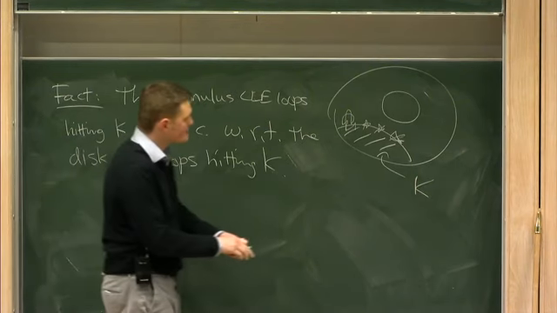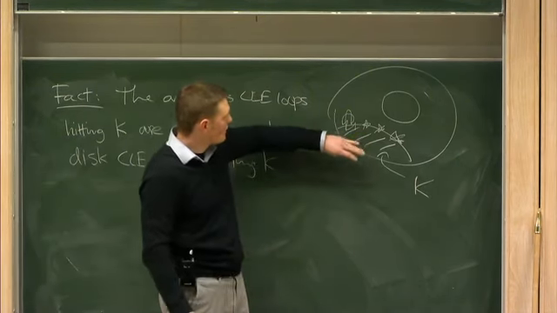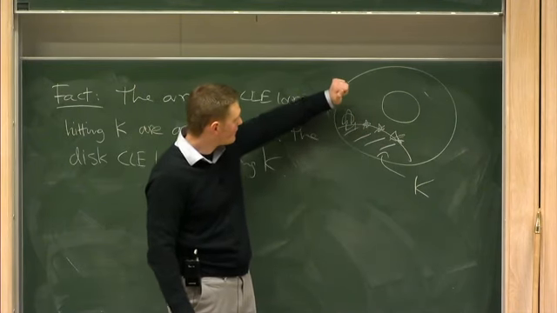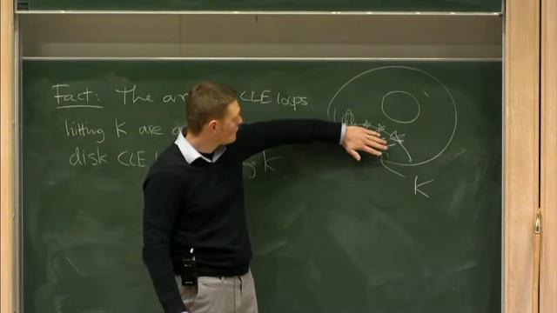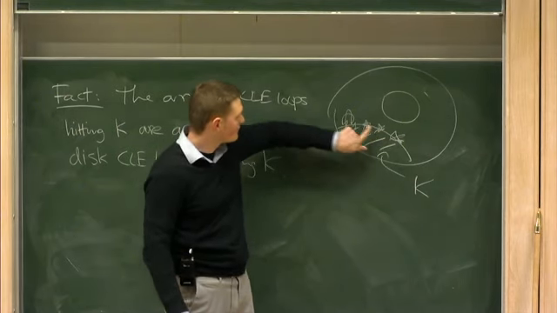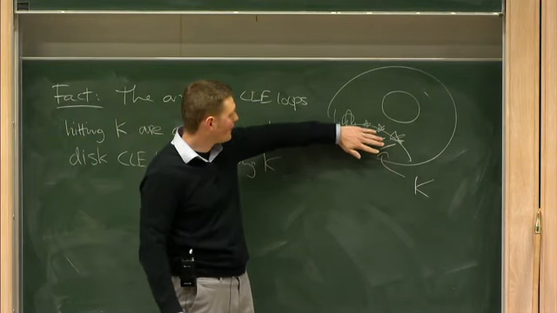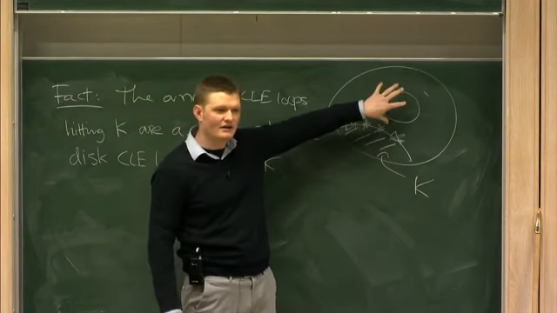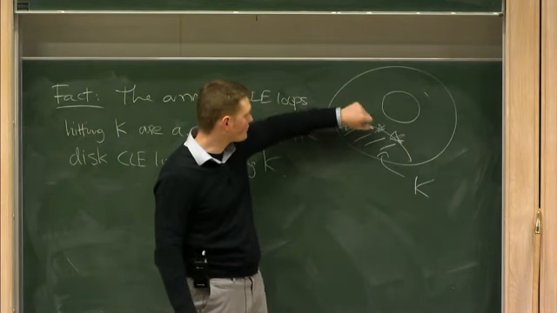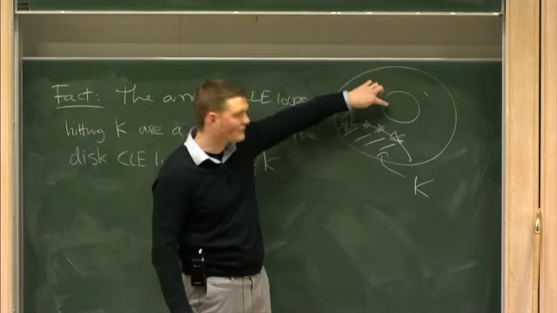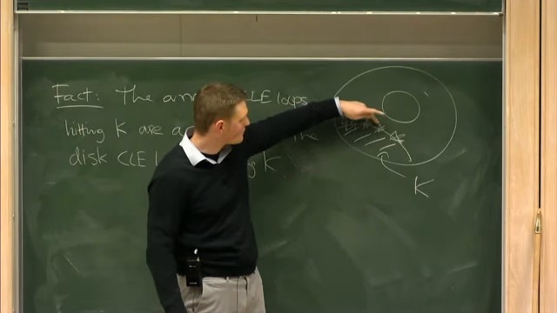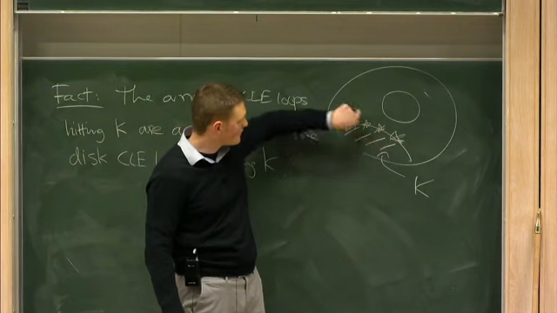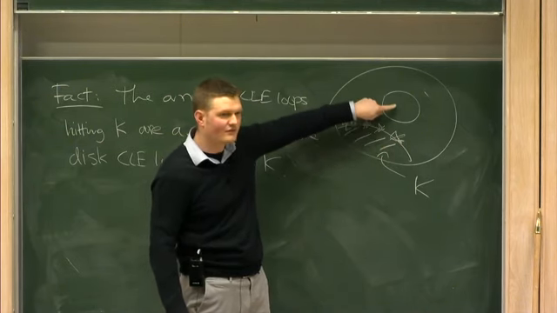And the reason is essentially that once I sample, so I've got my Brownian loop soup in A. Once I sample the loops hitting this set, I could fill out and get a Brownian loop soup in the disk by sampling the loops that also hit this disk. But there's always going to be a positive separation between the union of all the loops that hit K and this inner piece.